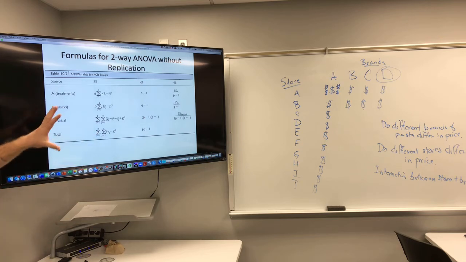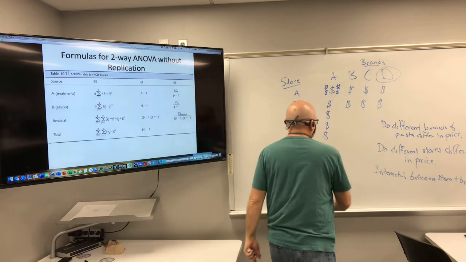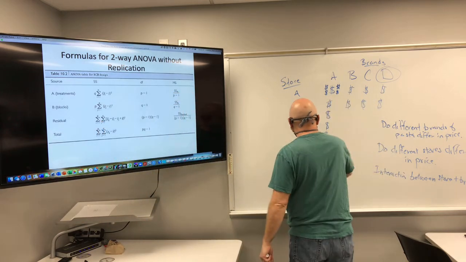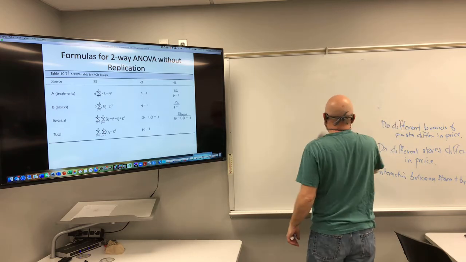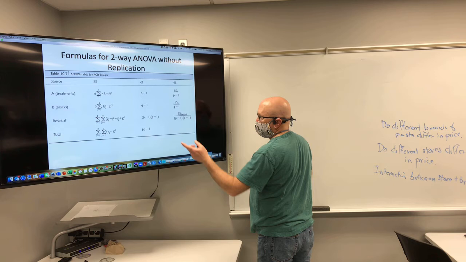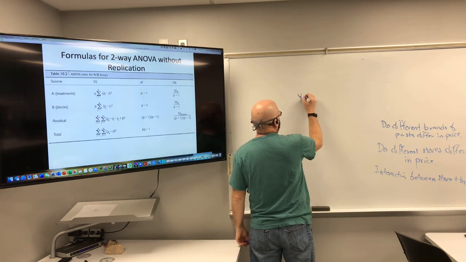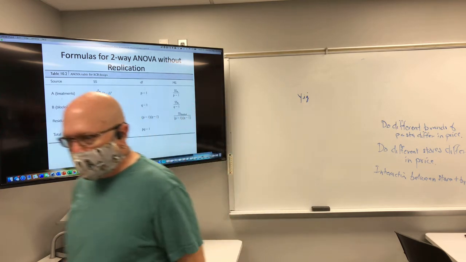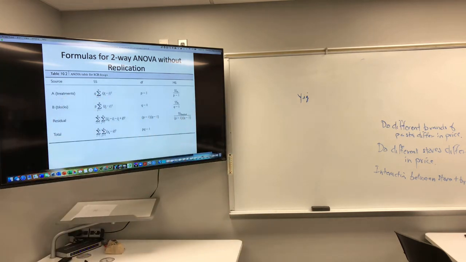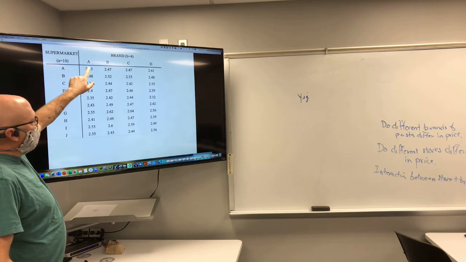This is relatively straightforward, except in the way in which you calculate the residual term. And just to clarify that for you, I want to run through that equation. The residual term is simply the actual value that is in any particular cell. If this is a particular price, it's this value.